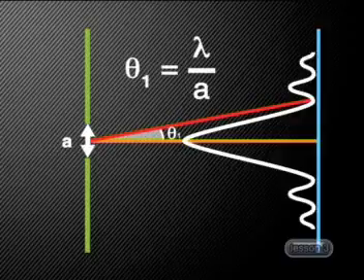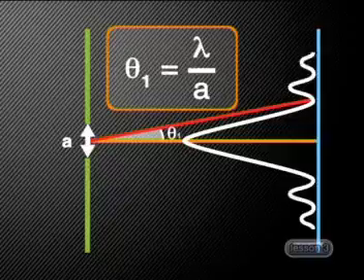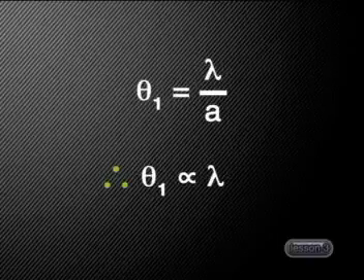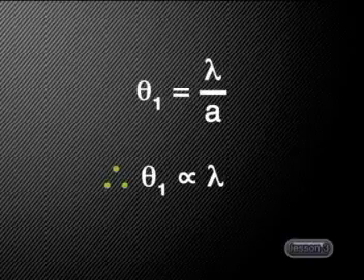When we calculate the angle that the first dark fringe makes with the horizontal line, you will recall that the equation that we use is θ1 equals lambda divided by a. This equation shows that the angle is proportional to the wavelength. So, the smaller the wavelength, the smaller the angle to the first dark fringe of the pattern.